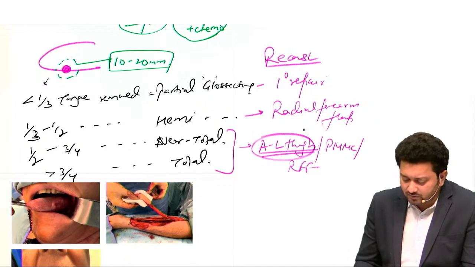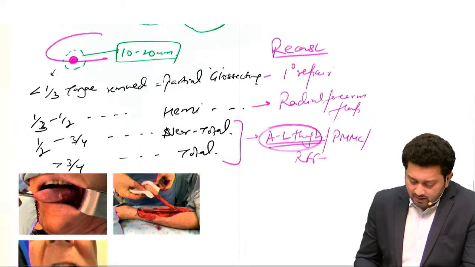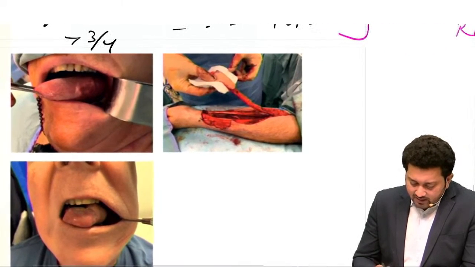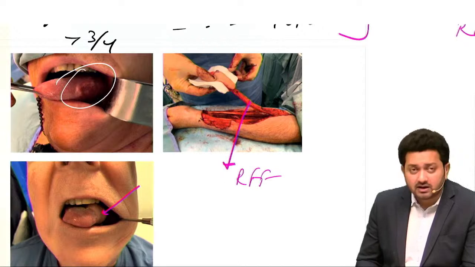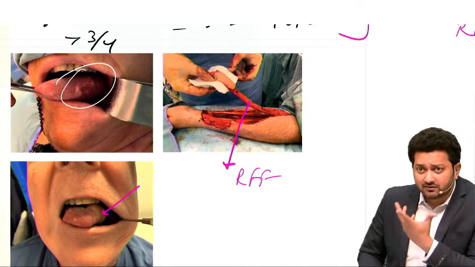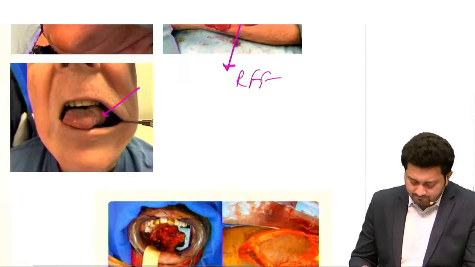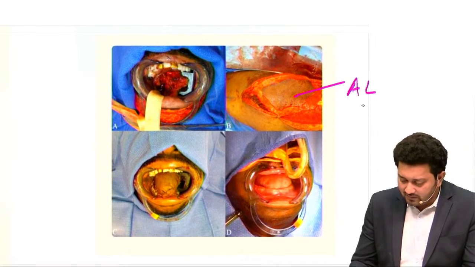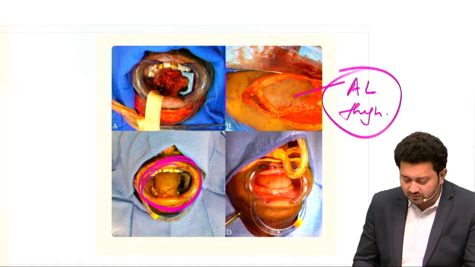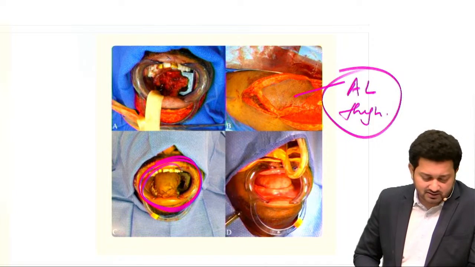Anterolateral thigh is more preferred these days. Like in this case you can see this was the tumor, so after removal this is the radial forearm flap that has been put, and obviously this is not for the taste but so that the patient can speak. This is the anterolateral thigh flap which is based on the circumflex femoral artery, and you can use it for whole tongue reconstruction.